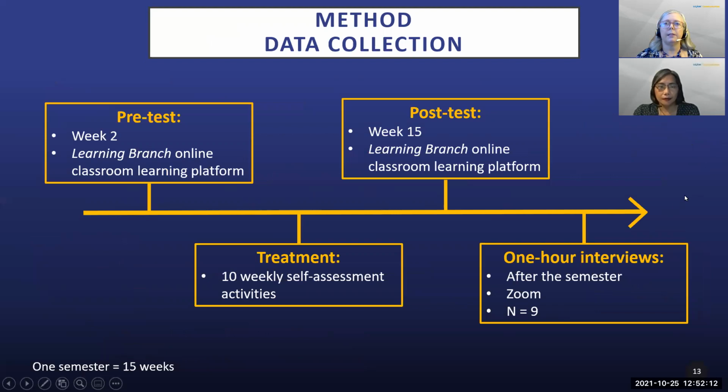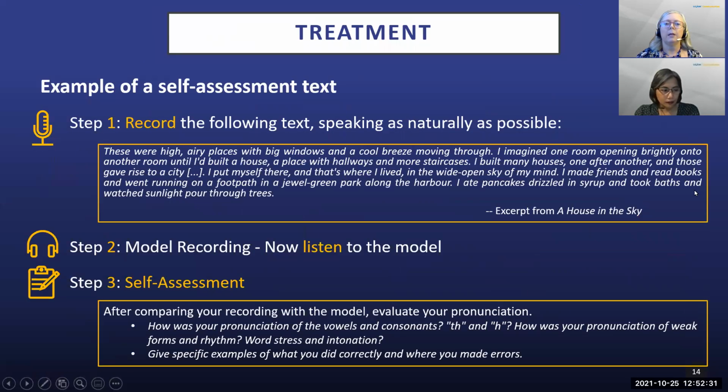We collected data that students recorded in an online platform called Learning Branch. Students recorded the pre-test at the beginning of the semester and the post-test at the end of the semester. Most participants also took part in a guided interview at the end of the semester. Throughout the semester, the test groups completed 10 low-stakes self-assessments in which they recorded themselves reading a text.